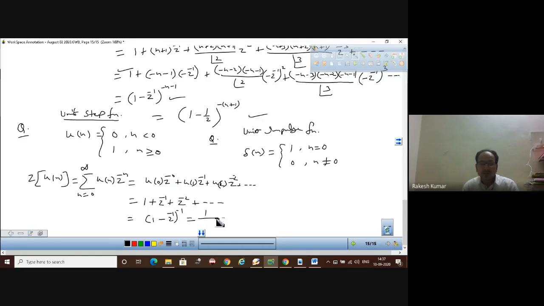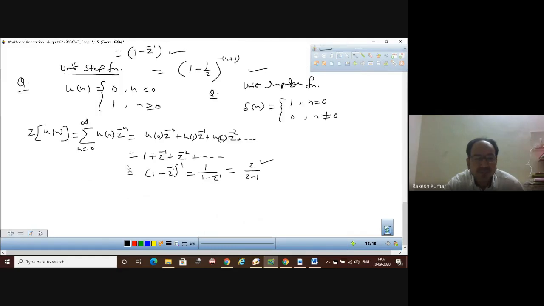So 1 over 1 minus Z inverse can be written, and if you want to solve it further, it will be Z over Z minus 1. So this is the standard Z transformation of a unit step function. You must remember this. The question may come for 2 marks also.